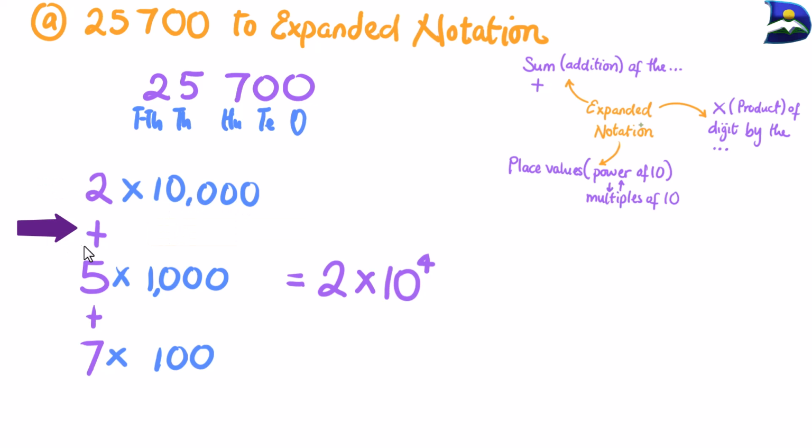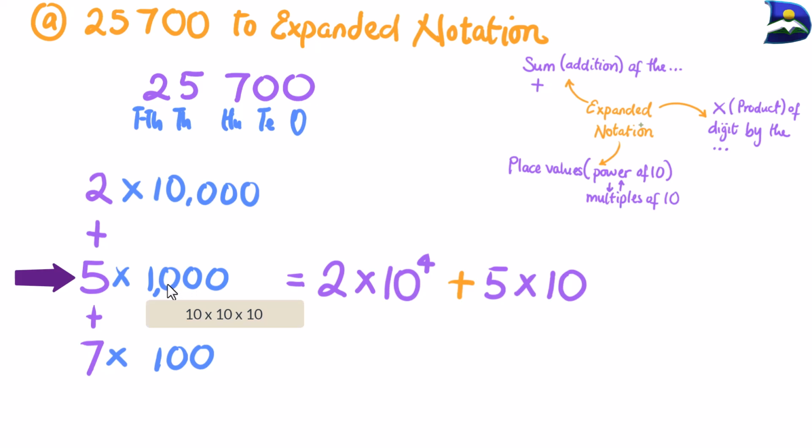And then our next step is to put our addition sign, and once we put down our addition sign, we put our 5 times what? We're going to multiply our 5 by 1,000, but in this case we're going to have our base be 10, and the exponent will be how many 10s? We have 1, 2, 3 zeros, which means we have 3 as the exponent, and therefore we are going to multiply 3 10s together to give 1,000.